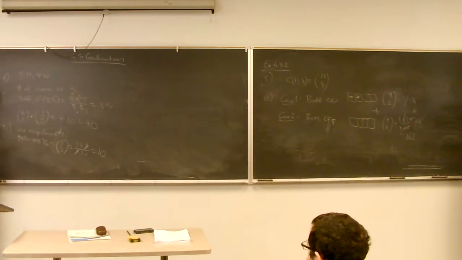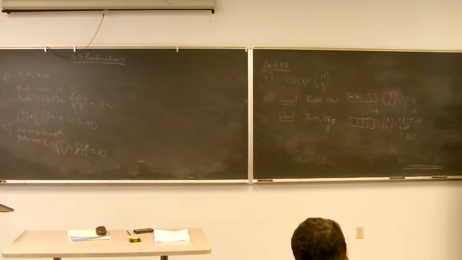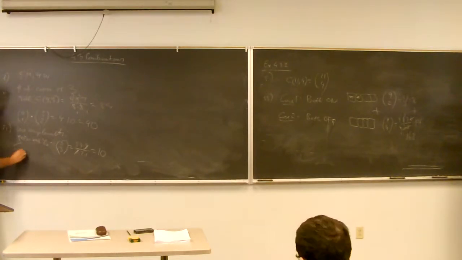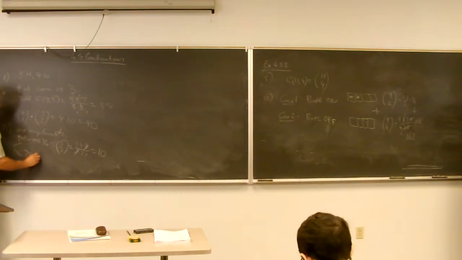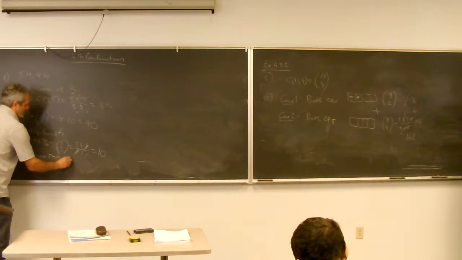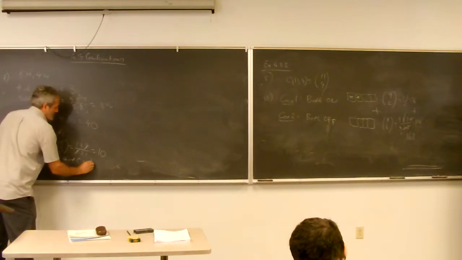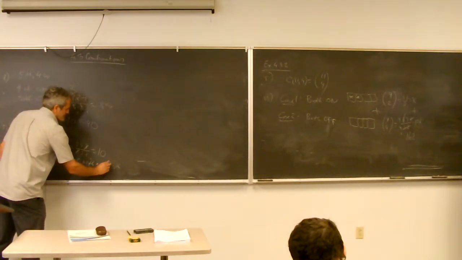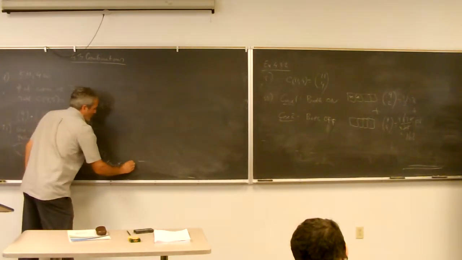So there are 10 committees that are men only. So how many of them are the opposite out of the total of 84? That's 74. 74 represents the number of committees with at least 1 woman.